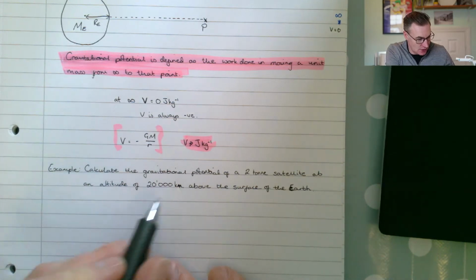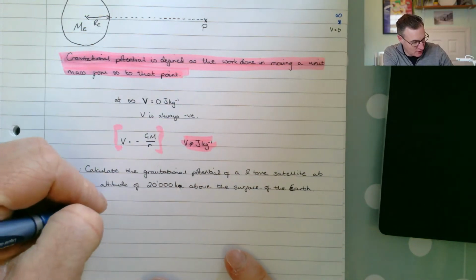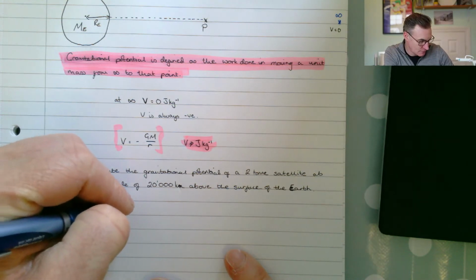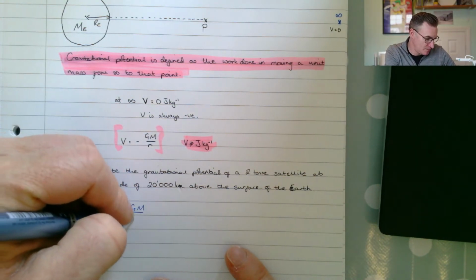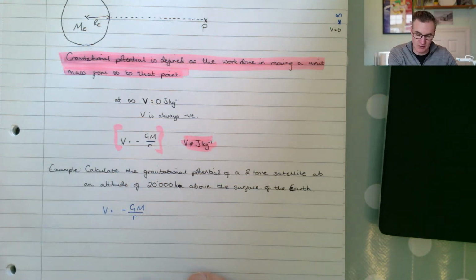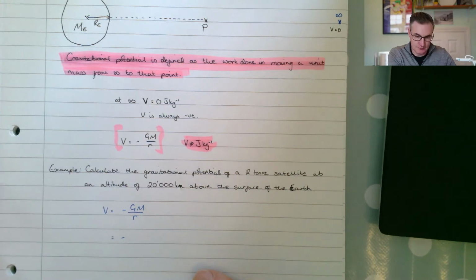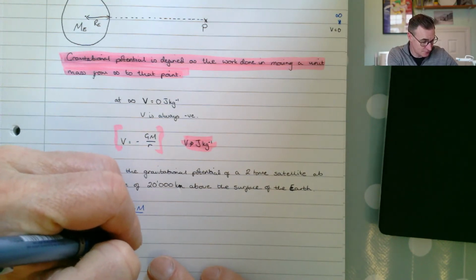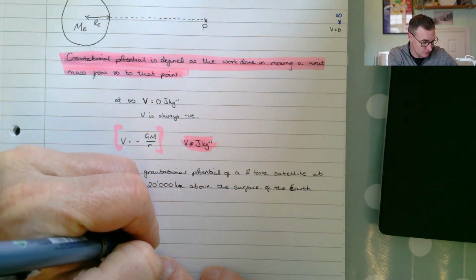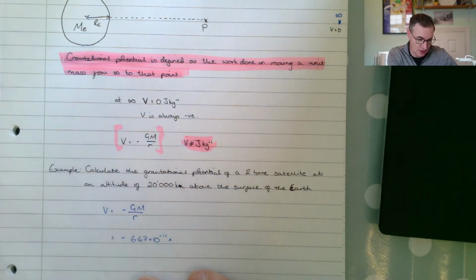So calculate gravitational potential. We have V is equal to minus G big M over R. Don't forget the minus. Big G is 6.67 times 10 to the minus 11, times the mass of the Earth.